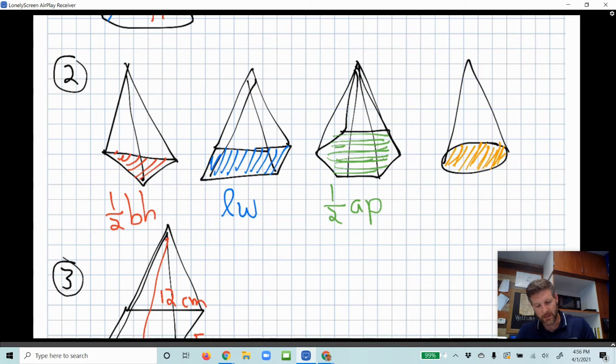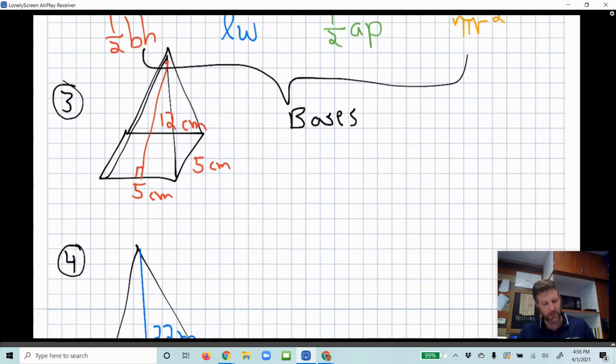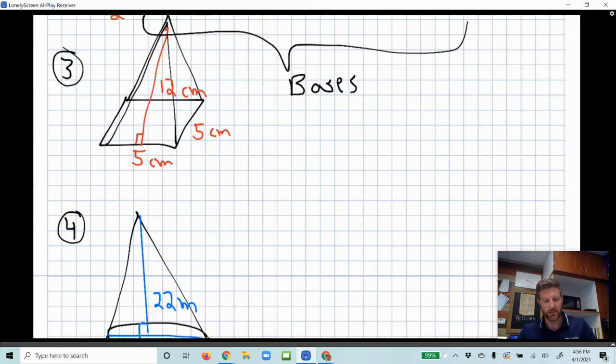And then, of course, if it's a circle, we just pull out the regular pi r squared. These are all just different types of bases, and you use the appropriate one depending on the shape you're looking for. All right, now the last two problems are just actual calculations.